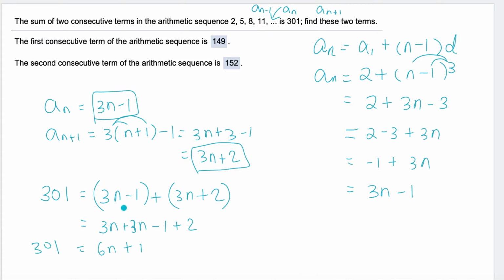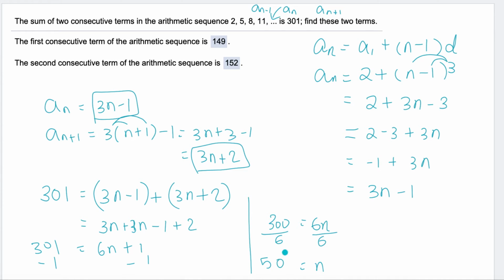Now it's algebra. So you can subtract 1 on both sides and you get 300 on the left hand side, right? And on the right hand side you have 6n. How can we solve for n? You can divide both by 6. So n is equal to 50.